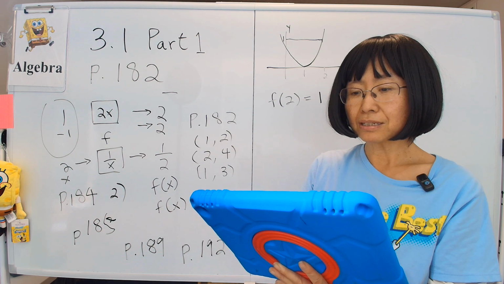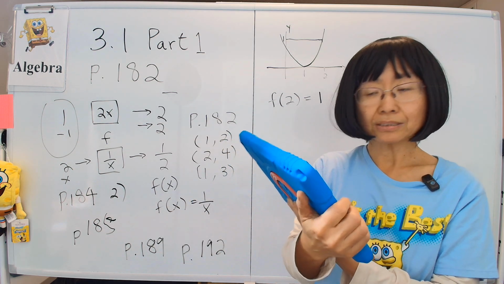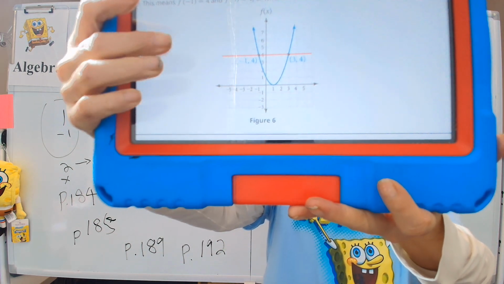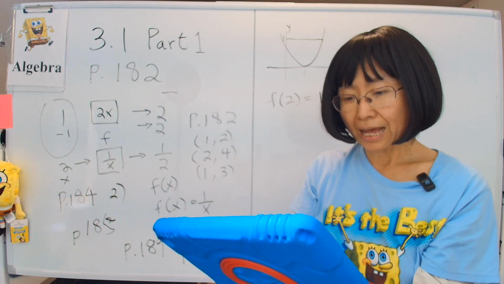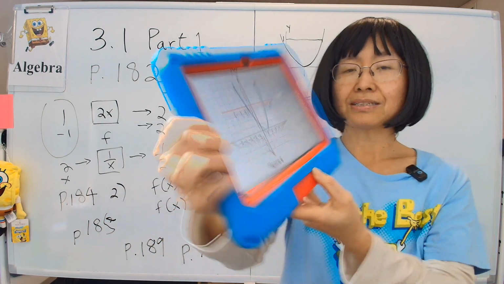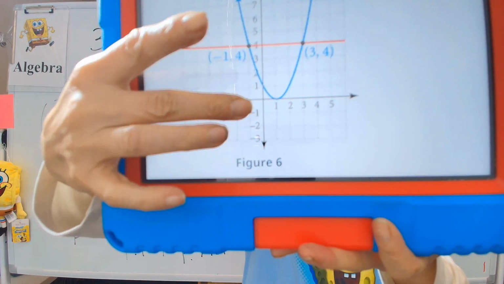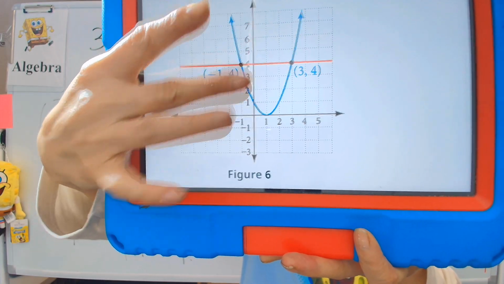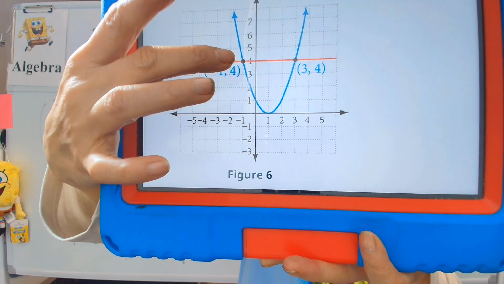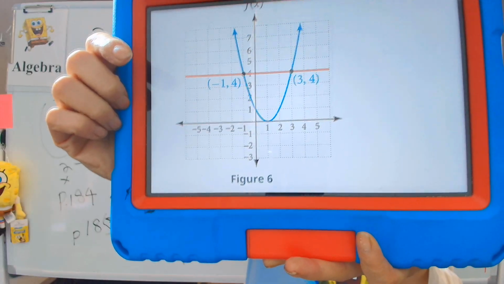However, you notice that there is something else that also becomes 4. I neglected to mention that f of minus 1 is also 4. See, f of 3 is 4, and f of minus 1 is also 4. They both become 4 on the graph.